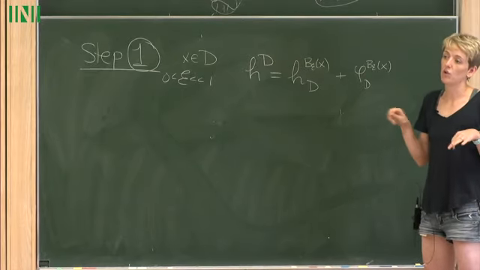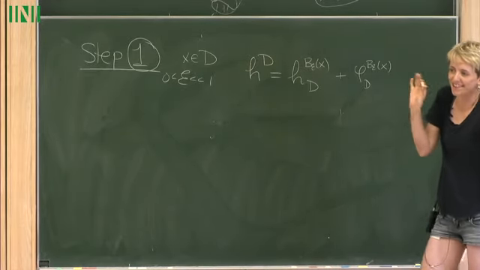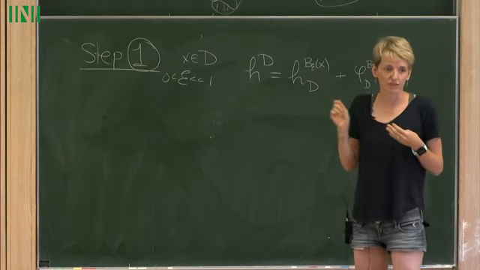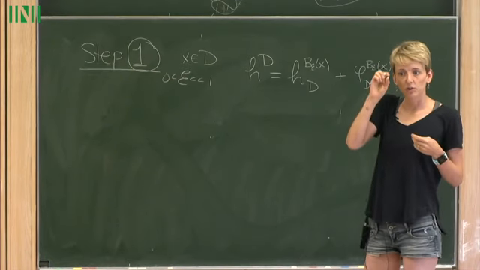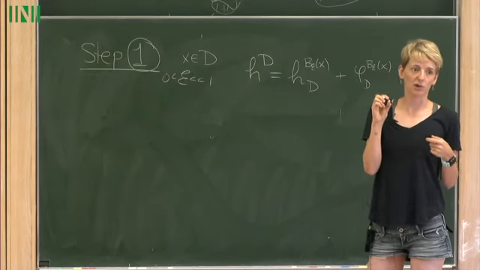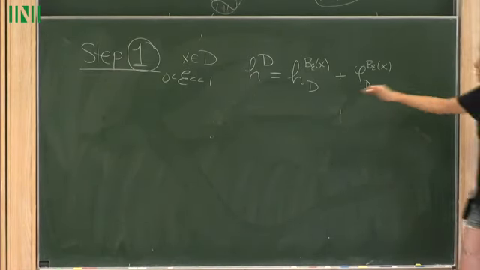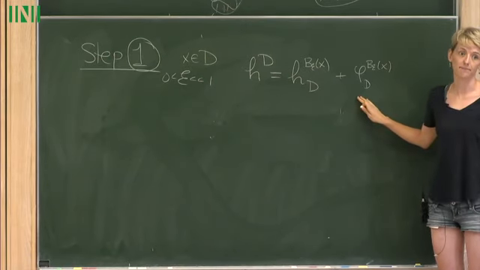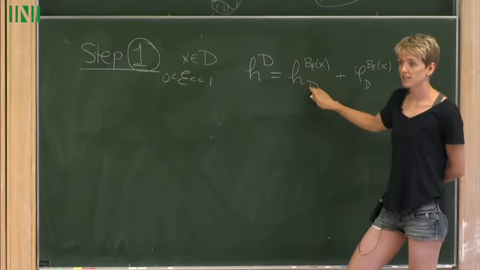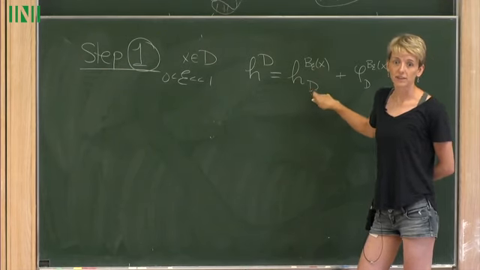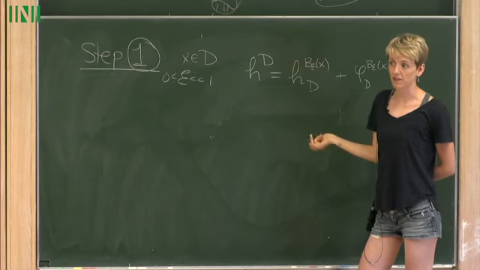if I think about taking the average of the given field, whatever that, okay, it doesn't really make sense, but if I think about what it would mean to take the average of the given field on some circle of radius just a little bit smaller than epsilon around x, then you can think what the contributions from the two parts in this decomposition would be, right? So the first guy, it has the law of the given field in the epsilon ball around x, but remember we assumed that the given field had zero boundary conditions.